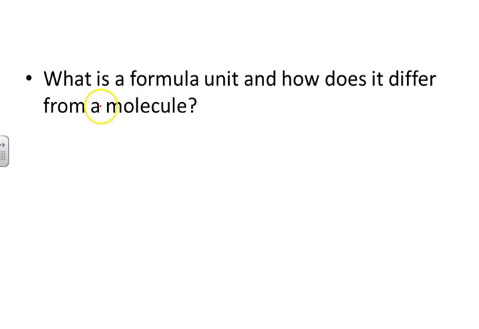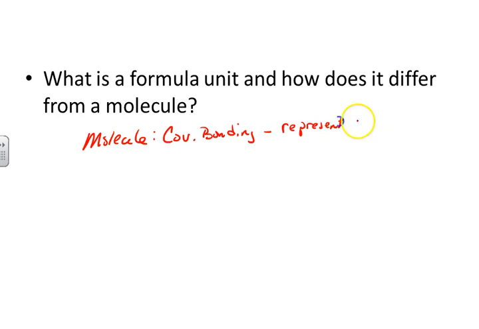What is a formula unit and how does it differ from a molecule? Well, first of all, let's go with molecule. One way that it's different is that molecules have covalent bonding, and they represent an individual particle.